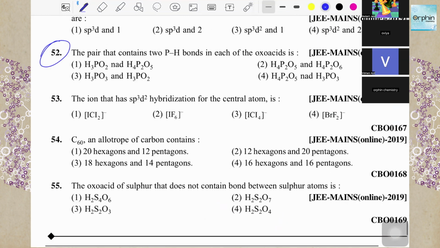52 is a good one. Ovia, you won't be able to solve this. This is a part of the previous class. Okay. The pair that contains two P-H bonds in each of the oxyacids.